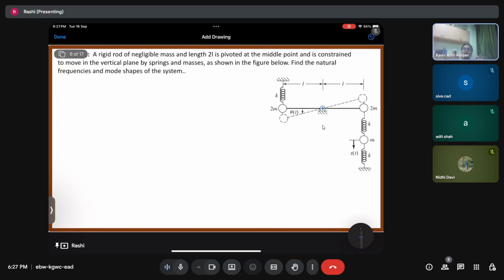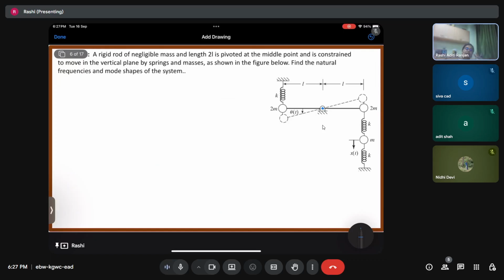Now we have to find the natural frequencies and mode shapes of the system. So the first question that comes to our mind is how many degrees of freedom are we talking about over here? We learnt initially that the number of masses is going to give us the number of degrees of freedom.